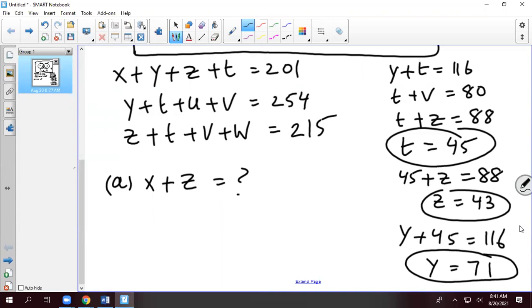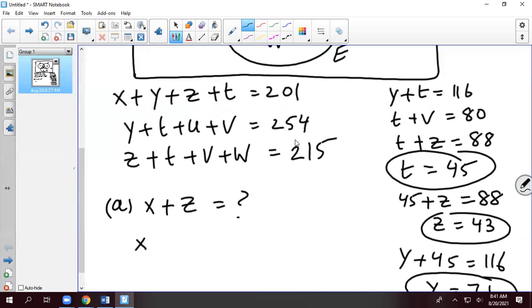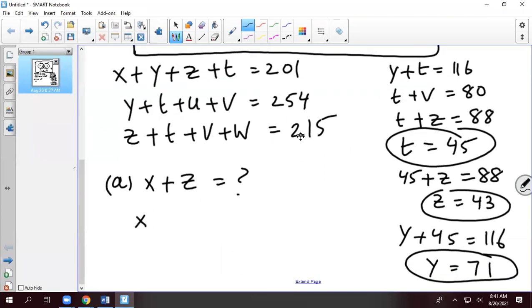Then from this equation I can find X. Another thing I could do is directly compute X plus Z, but since we don't know if we may need X in a later part, let's just calculate X. So X plus 71 plus 43 plus 45 equals 201, using this equation.